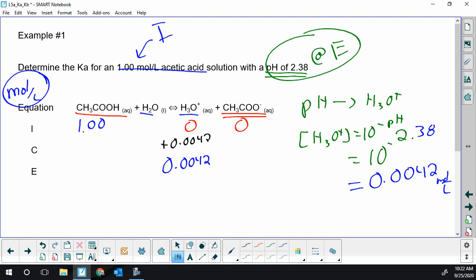So I'm going to fly through this. Every determination of a change is multiply by 1, divide by 1. So it's going to be the same number all the time in this acid-base section. Not in chapter 15, but in acid-base, it's always going to be the same.